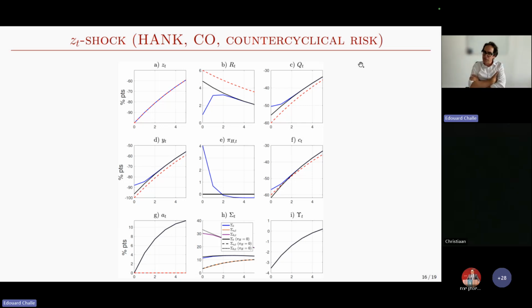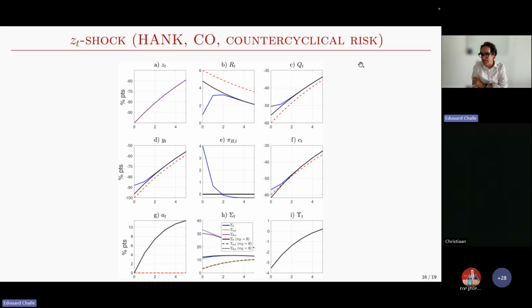Now let's see what happens. We're going to introduce these features one by one, so as to really understand what we're doing. This is the response to a domestic aggregate productivity shock, when we keep the Cole-Fed assumption, but we assume that risk is countercyclical rather than acyclical. The dashed red line is the RANK optimal policy.